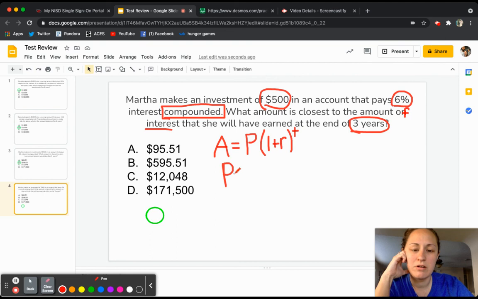And luckily, we are already familiar with our numbers. So we know that P, our principal, is 500. Just to recap, our 6%, we need to change that to a decimal, so move your decimal 1, 2 places and fill in your zeros.